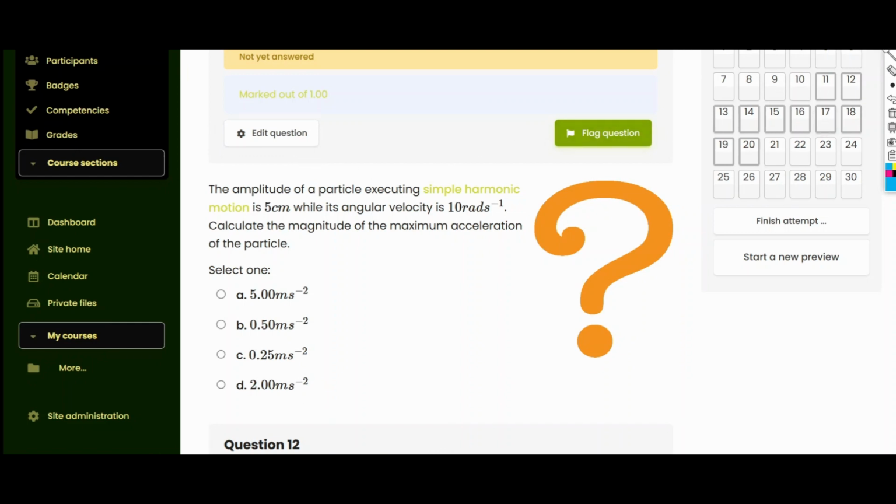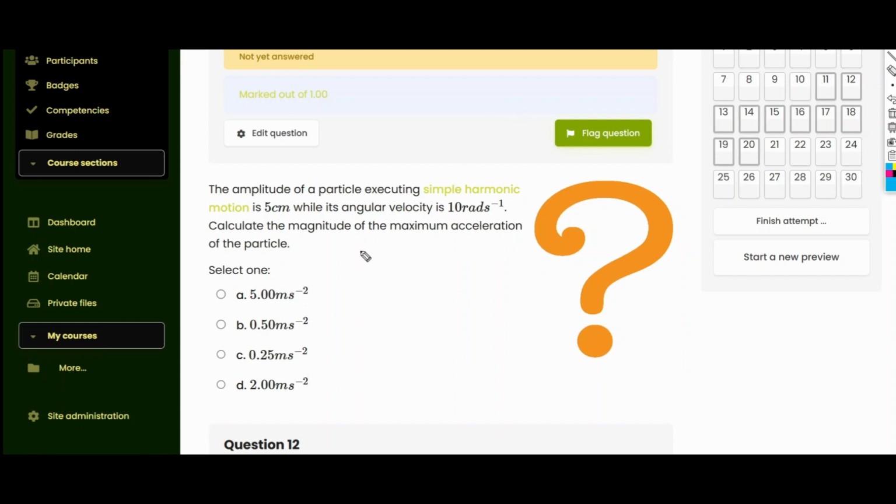So question 11. The amplitude of a particle executing simple harmonic motion is 5 centimeters, while its angular velocity is 10 rad/s. Calculate the magnitude of the maximum acceleration of the particle.